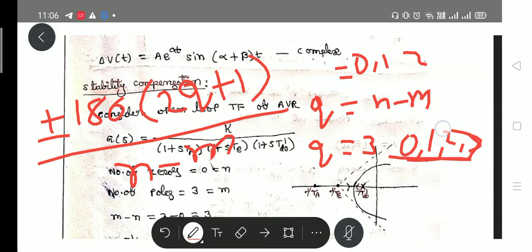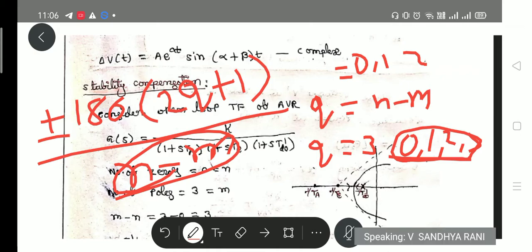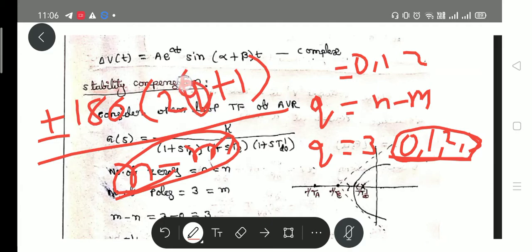The q value depends upon n minus m. We can substitute here, then we will get the angle of asymptote. First you can substitute 0 in place of q, then we will get 180 by 3, that is 60 degrees, plus or minus 60 degrees.